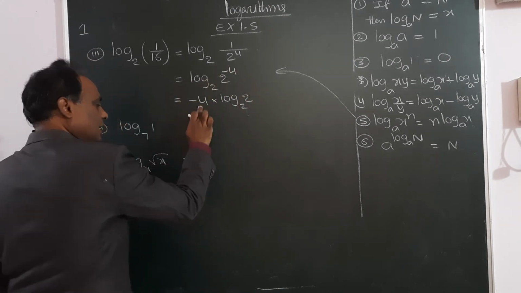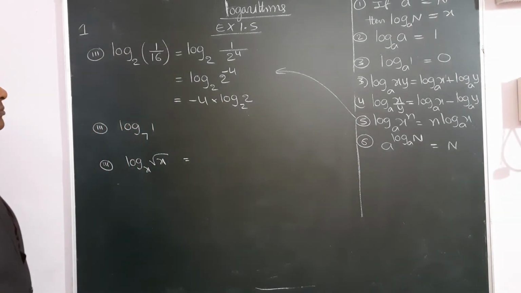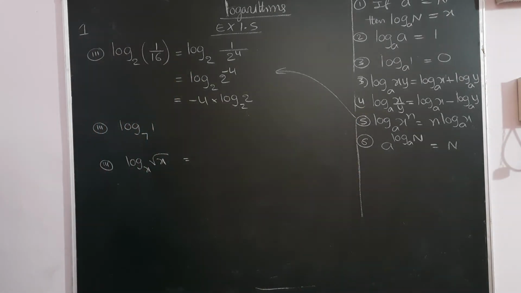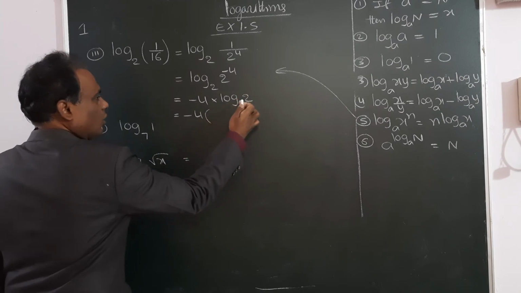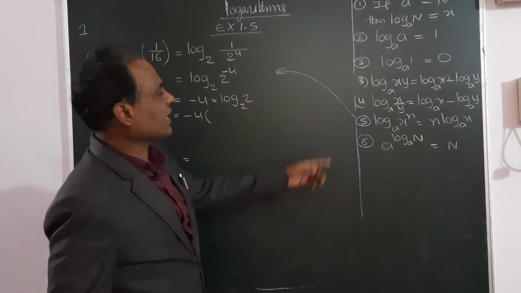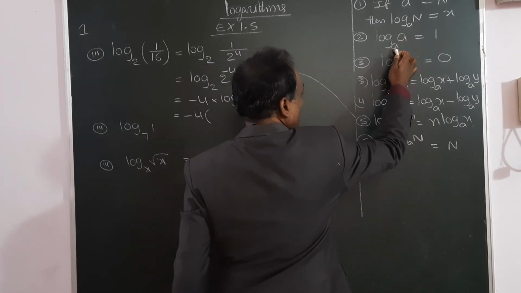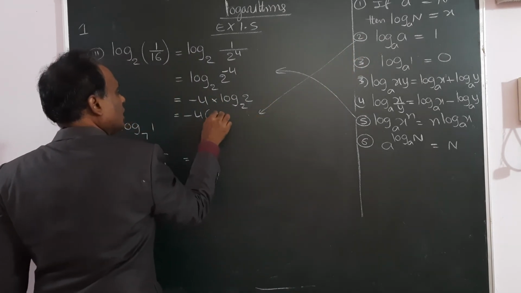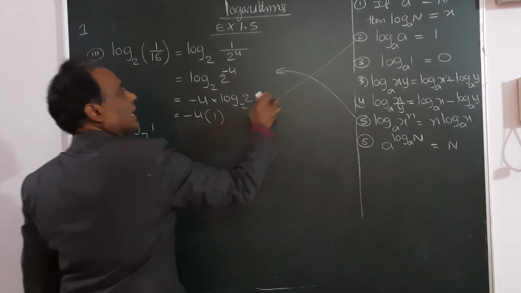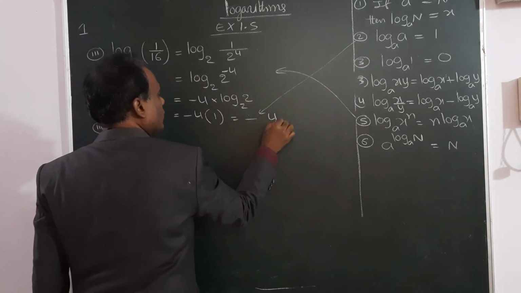Minus 4 will come here as per this fifth formula. Log 2 base 2, as per the second formula, same log 2 base 2, if these two are equal, the answer is 1. So 4 into 1, answer is minus 4.